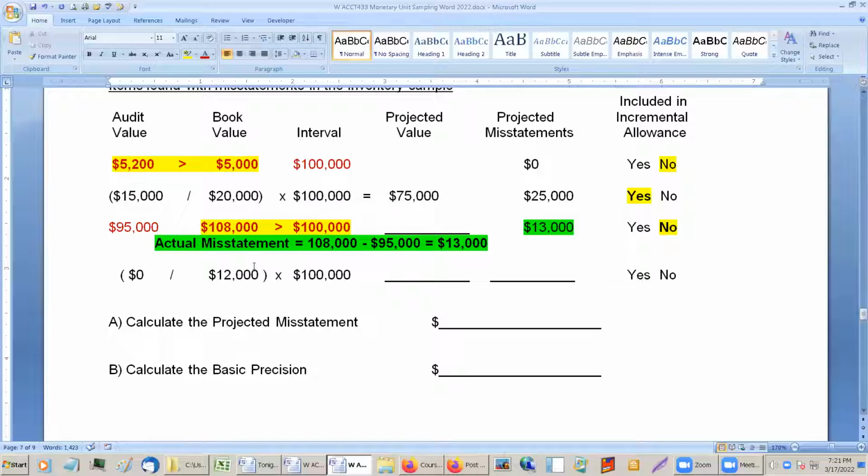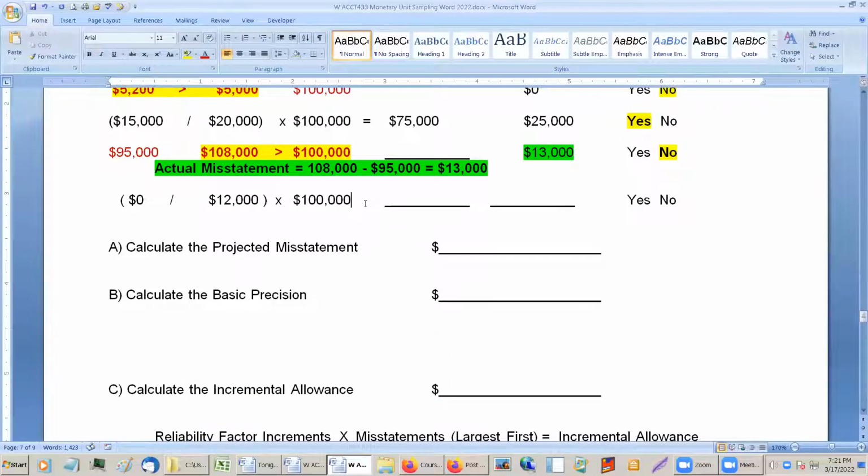Anyway, sometimes you'll see that in textbooks, which you would do for any kind of sampling if you came up with a zero account. Okay, so this one, the projected value is 0.